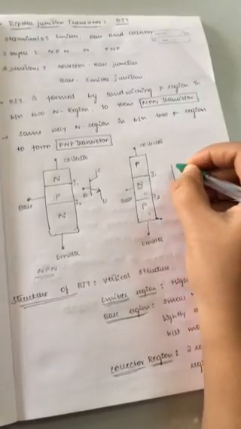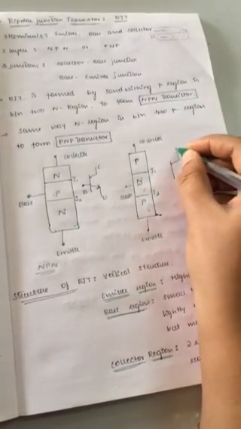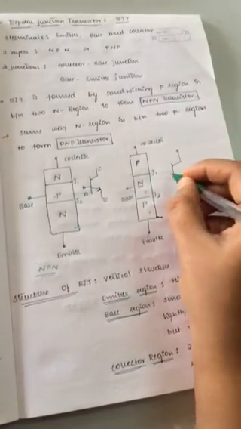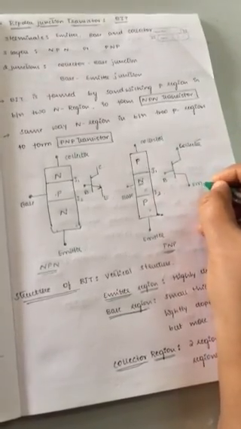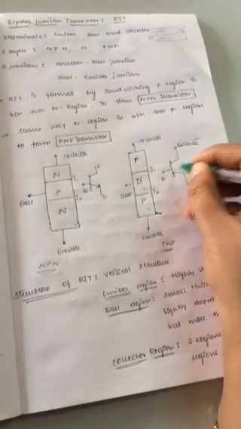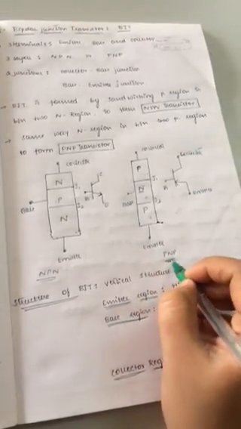Now coming to the symbol, this is the symbol of a PNP transistor. This forms the base terminal, this forms the collector terminal, and this forms the emitter terminal. Now the emitter terminal here will have the arrow mark pointing inside for a PNP transistor.